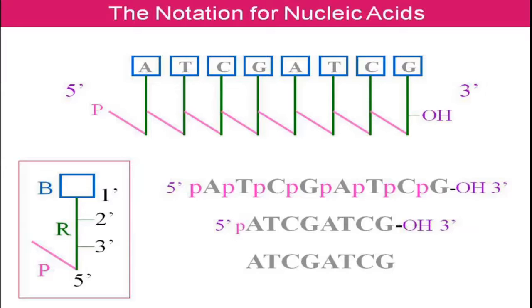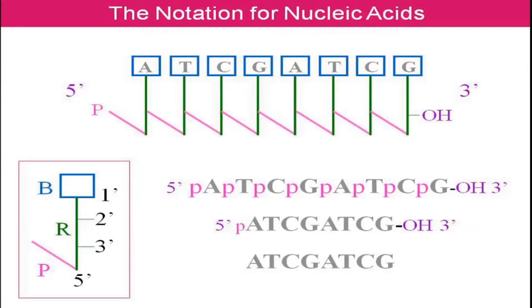You can also show the same sequence in another way, this way, where you have shown only the phosphate at the 5' end, and the intermediate phosphates that link the adjacent nucleotides are skipped here.